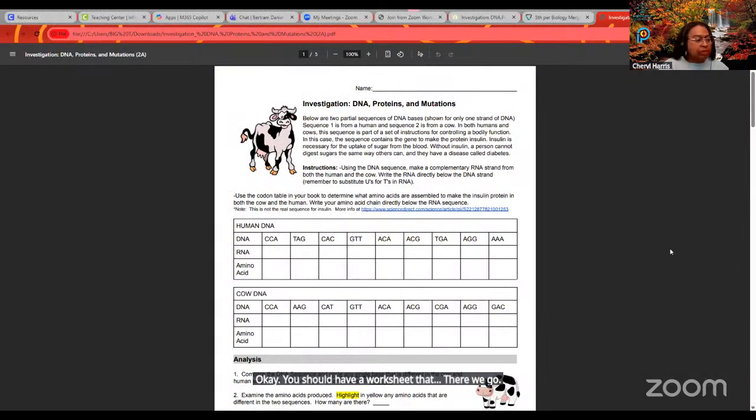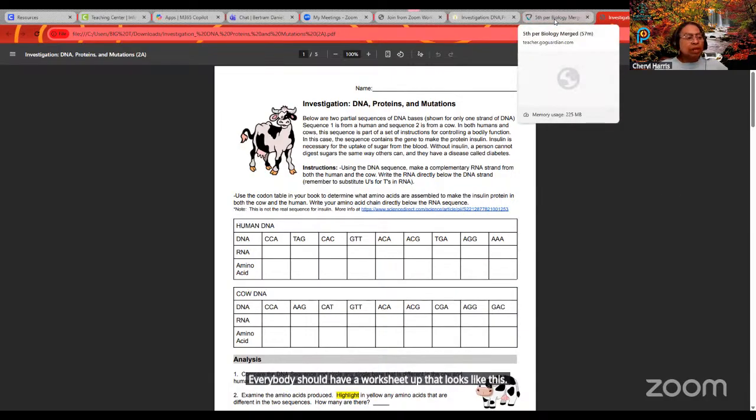All right, mine was taking forever. Is there anybody else? Okay, I'll check on it, Ethan. I'll get it. All right, but I need everybody's attention on this right now. Everybody should have a worksheet up that looks like this. Anybody not able to get that worksheet to come up? I know mine was delaying.